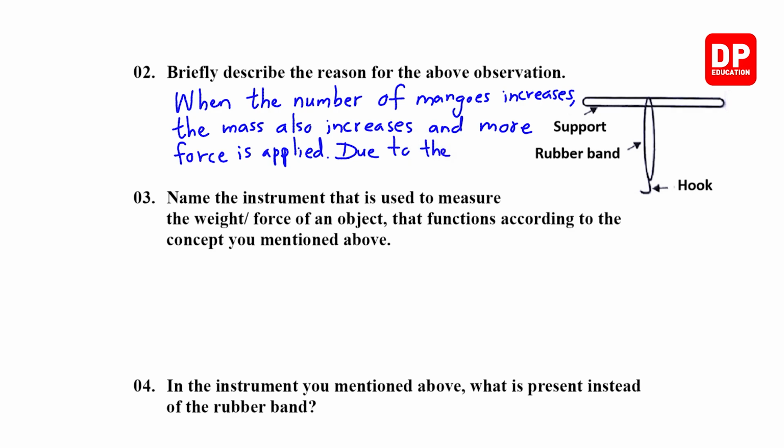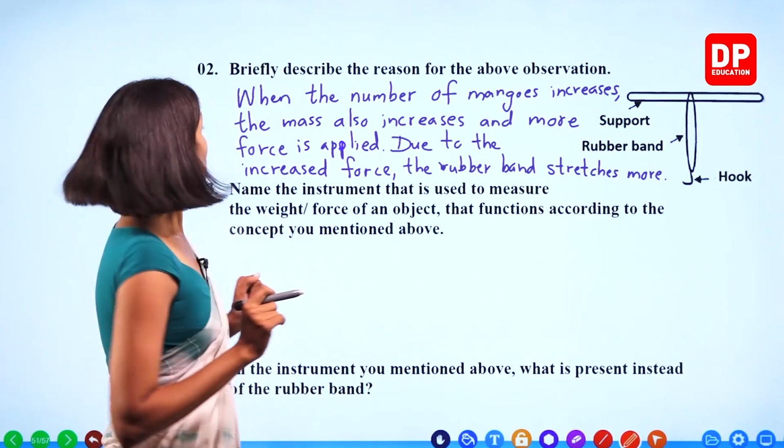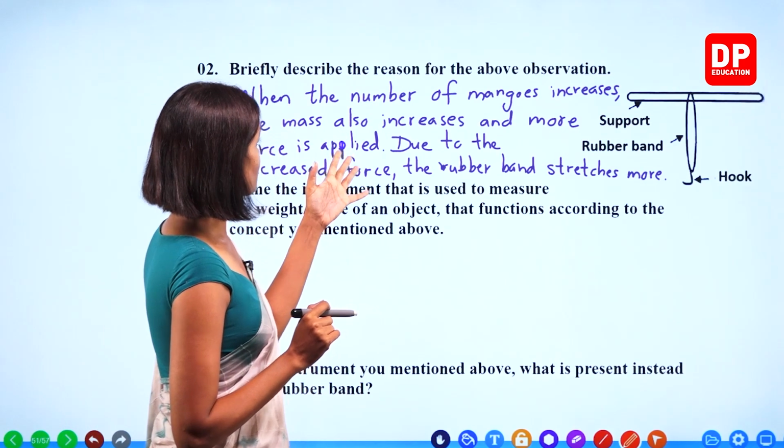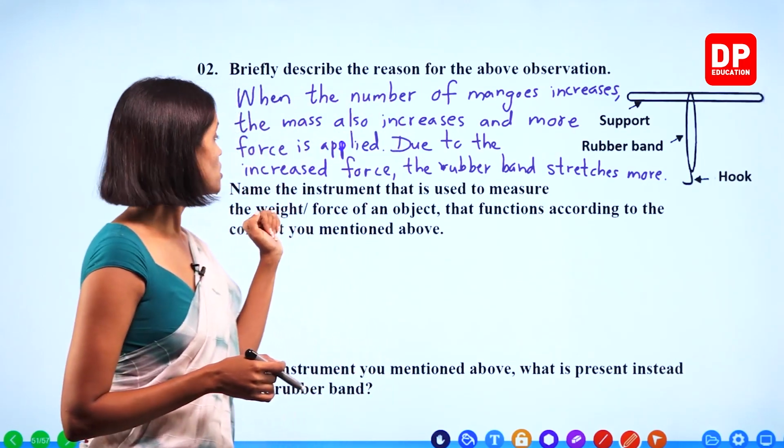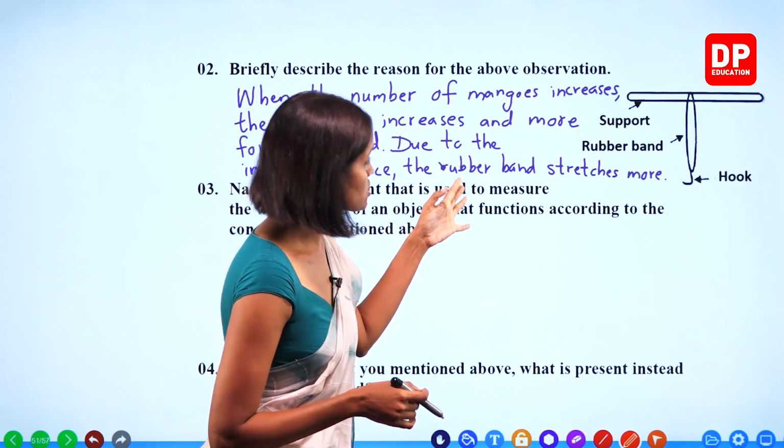Due to the increased force, the rubber band stretches more. Right, children? When the number of mangoes increases, the mass also increases and more force is applied. Due to the increased force, the rubber band stretches more.